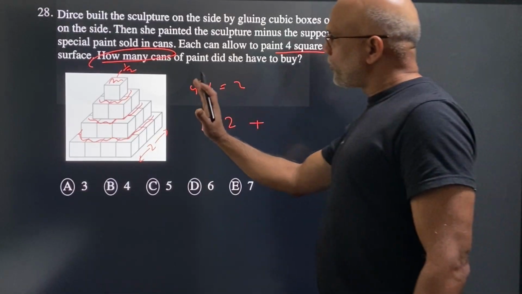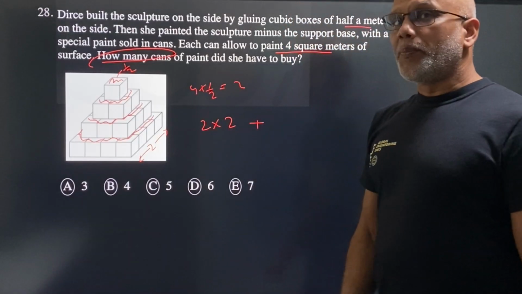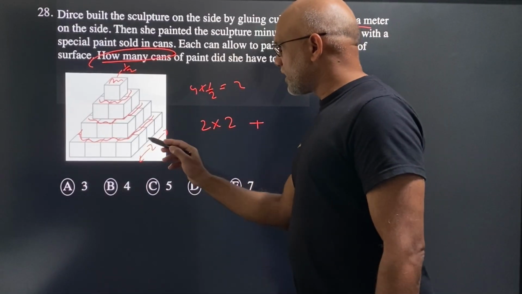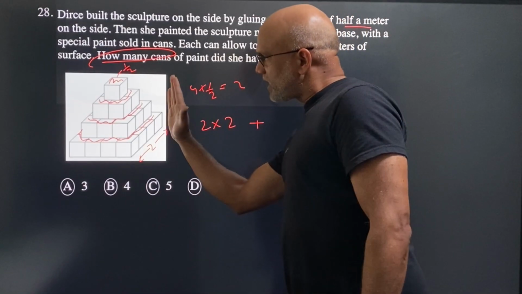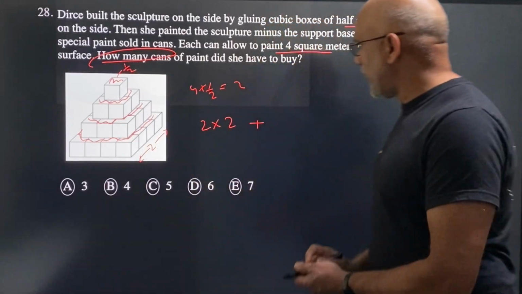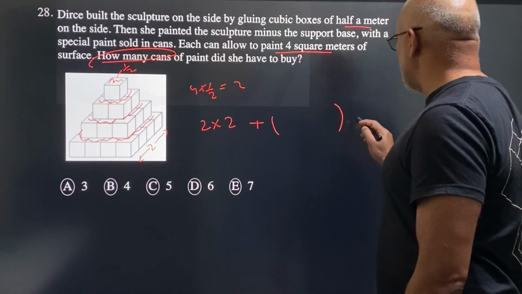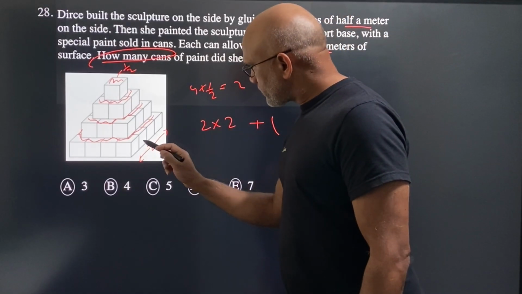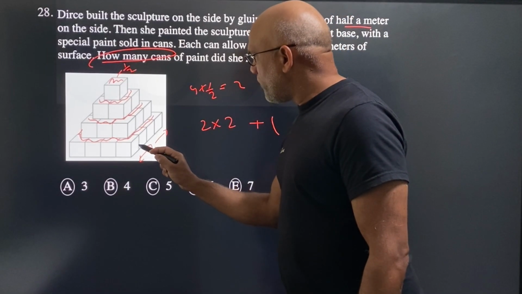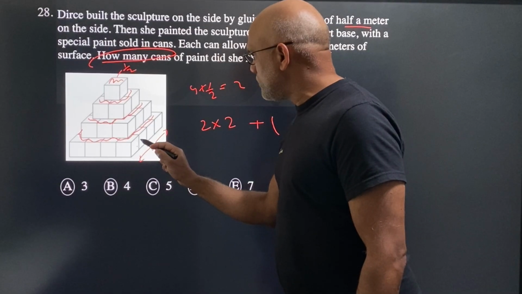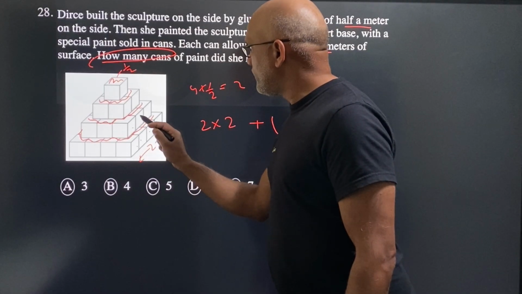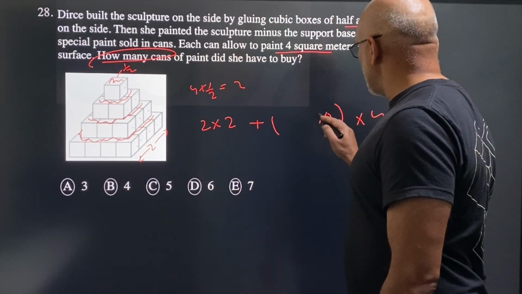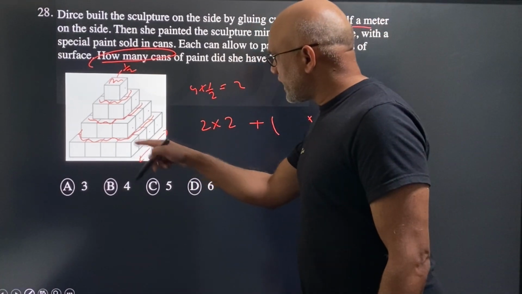Plus, I have to add the side surface. As you can notice, side surface is nothing but take one side and multiply by 4. So one side, whatever that is, times 4. How much is one side? First let's count how many of these surfaces there are. 1, 2, 3, 4, 5, 6, 7, 8, 9, and 10. 10 of those times the surface area of 1.